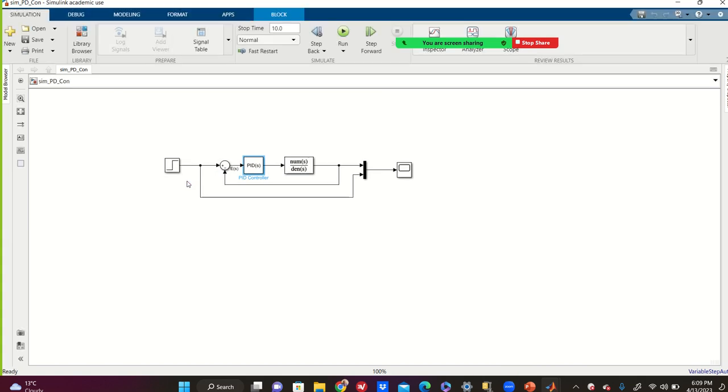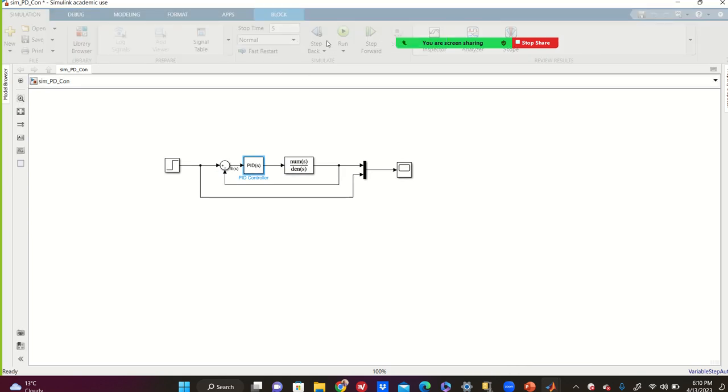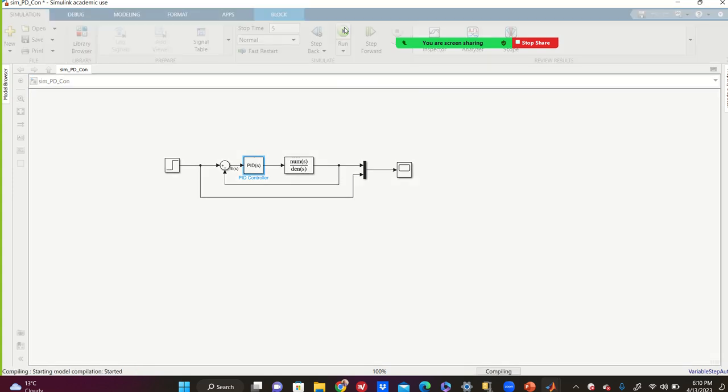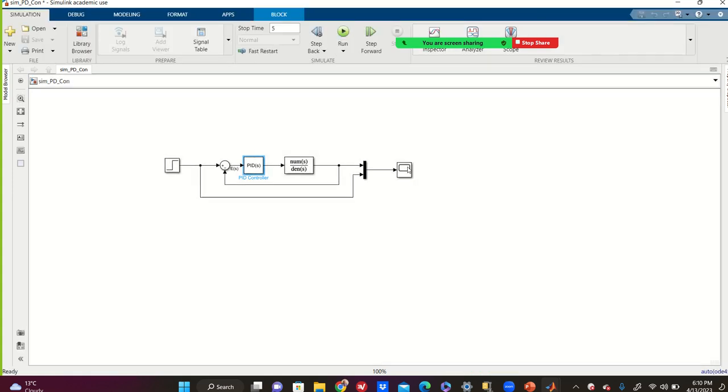Let me just save that. Okay. Now I'm running that. I'm gonna put in 5 seconds. Okay. And I'm comparing the output with the desirable input. Here we go.